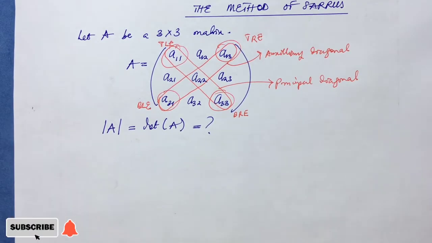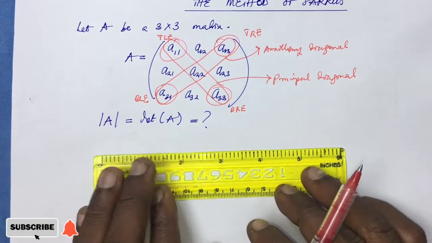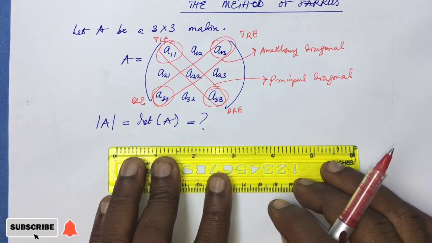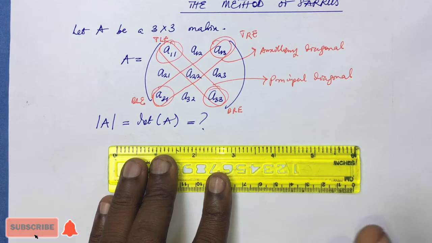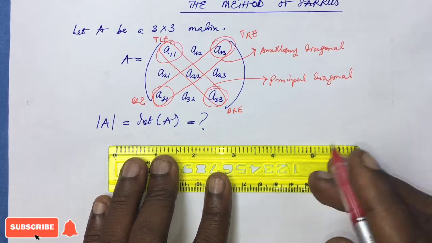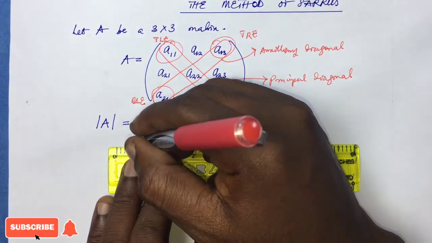Now, for a 3x3 determinant, I'm going to add a sprinkling of my idea for going about this to make it easy for you to compute the determinant using Sarrus.